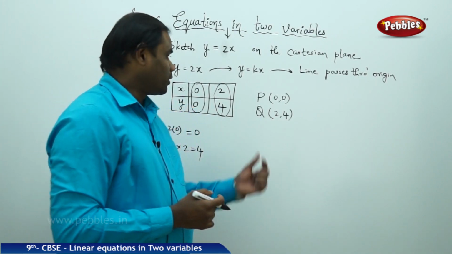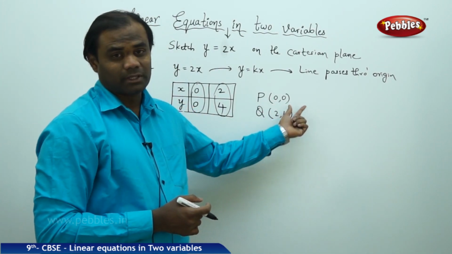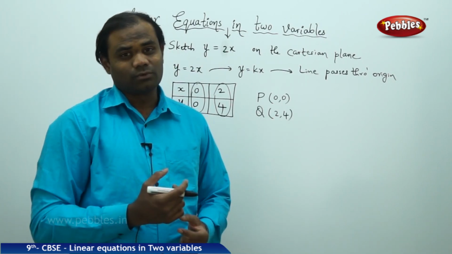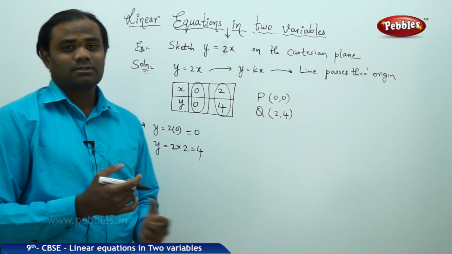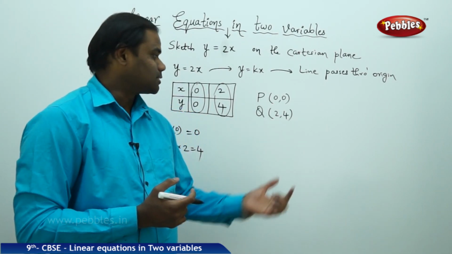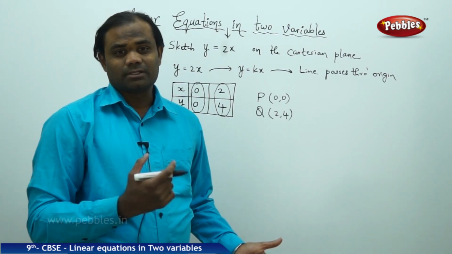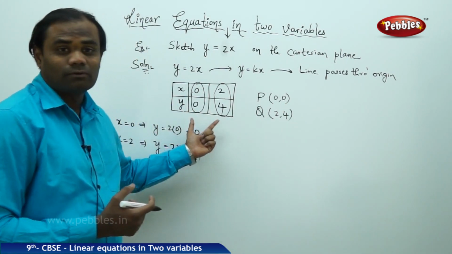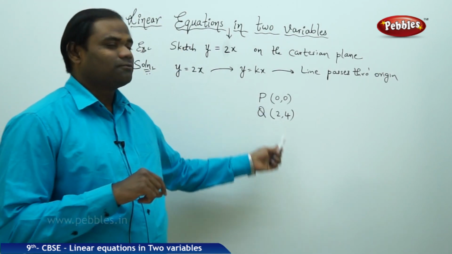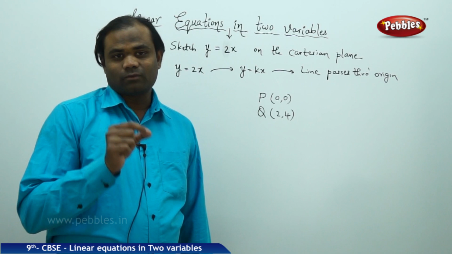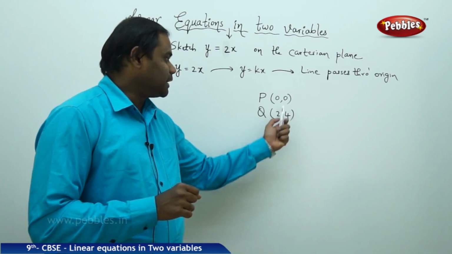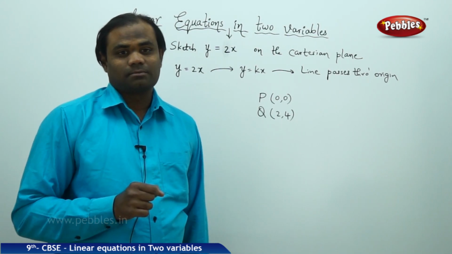That is, the point P 0, 0, that is the origin, and the point Q which is 2, 4 pass through the given line y equals 2x. So let's see how we can sketch utilizing these two coordinates as evaluated through the table of values. Now that we have evaluated the values of P and Q which lie on the line y equals 2x, let's see how we can sketch the line utilizing these two coordinates on the Cartesian plane.